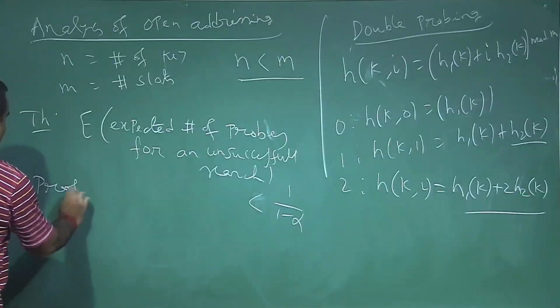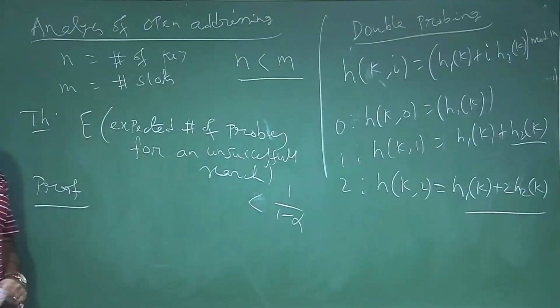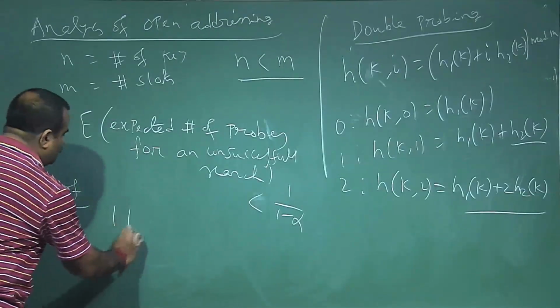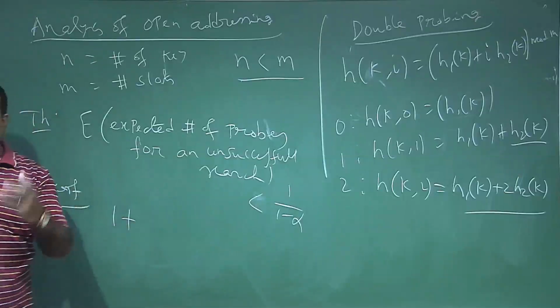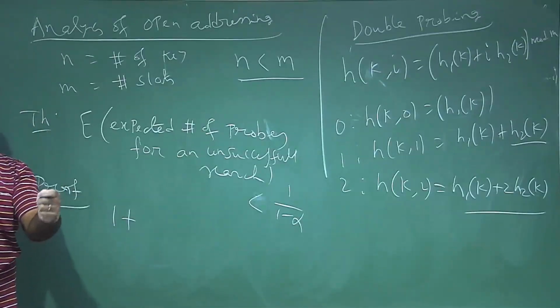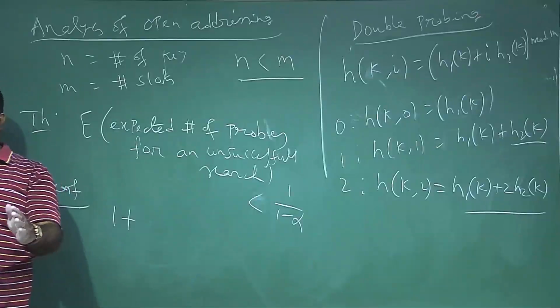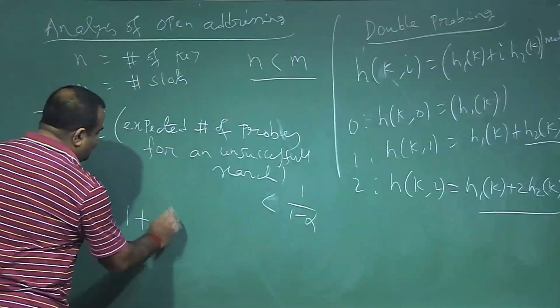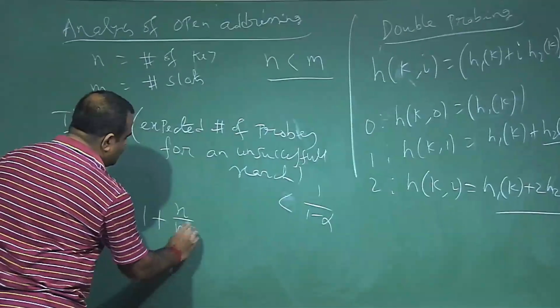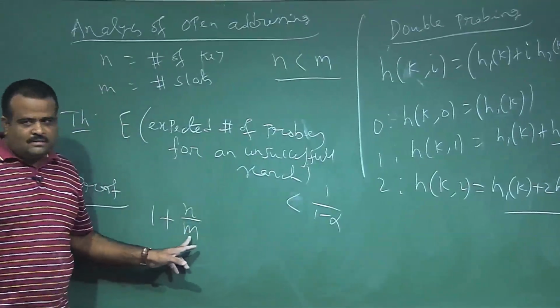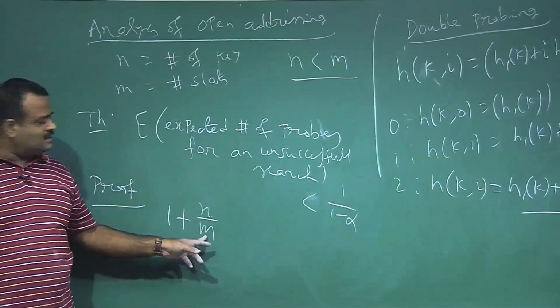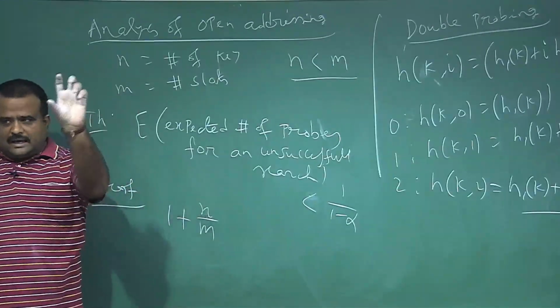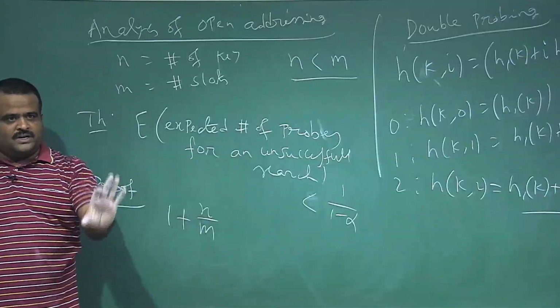Suppose there are n keys. One probe is mandatory, we need to apply the hash function. Then we go for a second probe if it hits an occupied slot. The probability that it hits an occupied slot is n by m, because m is the total number of slots, the total number of cases, and n is the number of keys occupying slots.